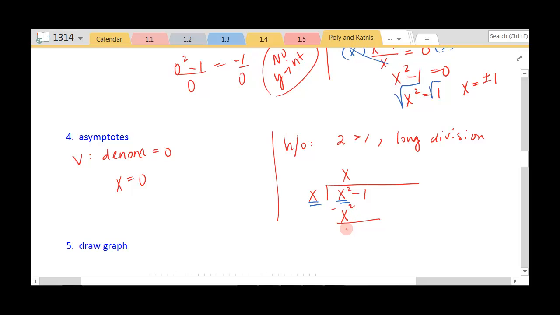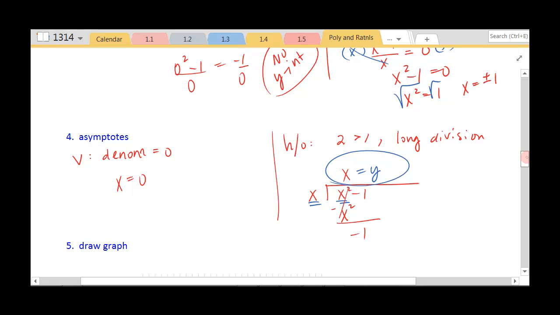We would subtract this, those cancel, bringing me a negative 1, and I'm really done with the long division right here anyway, because I can't turn an x into a negative 1 for our purposes right now, and we have a linear equation showing up already. So we would say that the oblique asymptote occurs where y is equal to x.